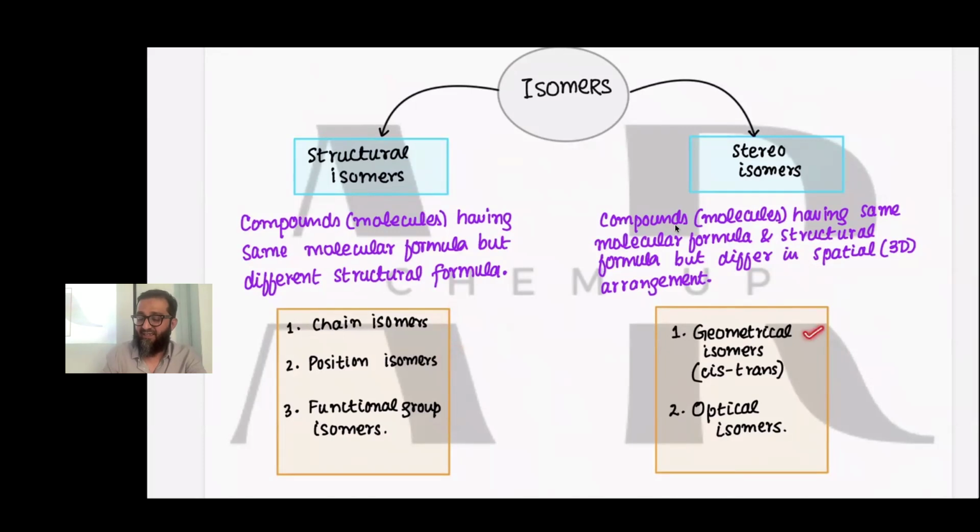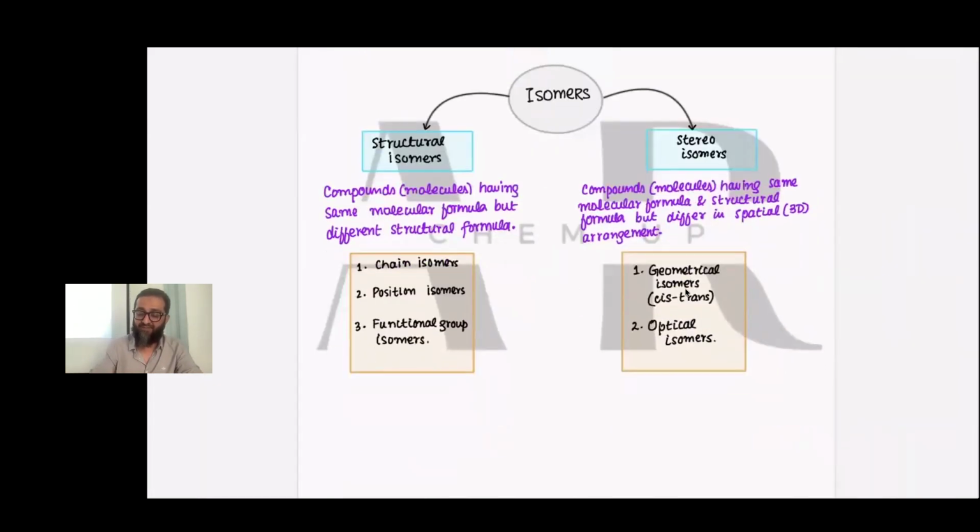It's not entirely new because you have already studied these in your O levels or IGCSE, but without classification. Geometrical or cis-trans is one type of stereoisomer, and the second type is optical isomer. That's what we will discuss in detail later. But right now we are going to go over structural isomers.